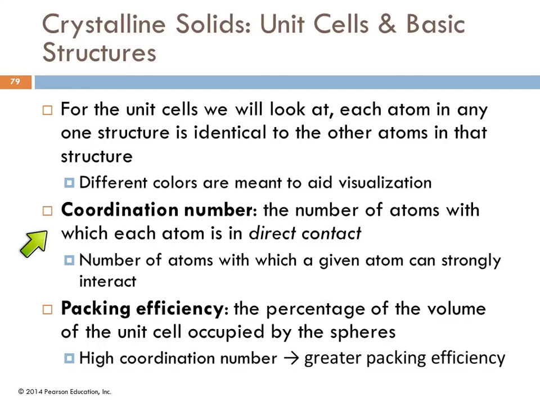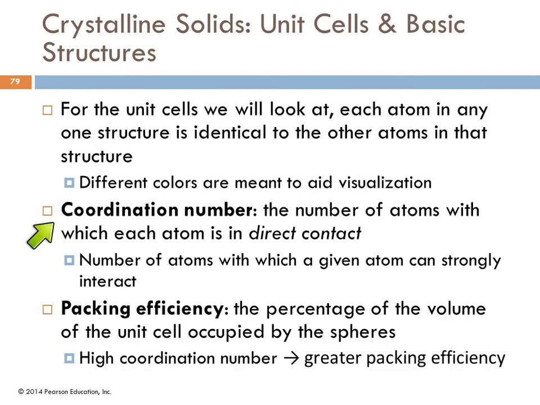Coordination number is the number of atoms that each atom is in direct contact with. And that is important because when 2 atoms are in direct contact, they're going to have the strongest interaction. So we're looking at how many touching neighbors does each atom or particle have.